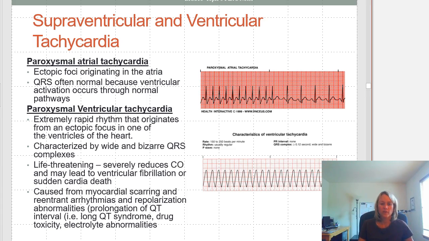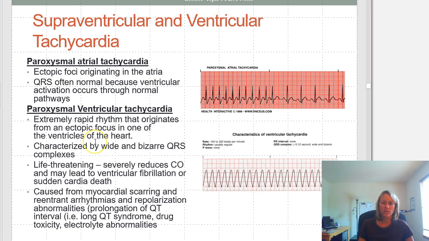However, we don't want to have a whole bunch of those in a row. That can result in sudden atrial tachycardia or sudden ventricular tachycardia, depending on where it originated. Really rapid heart rate with atrial tachycardia or ventricular tachycardia.